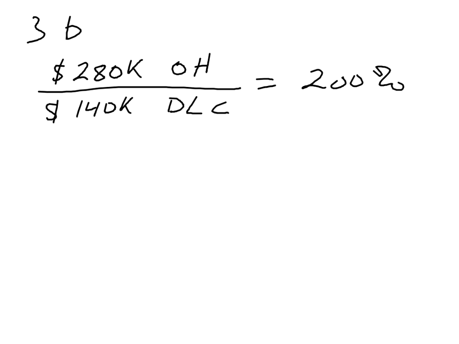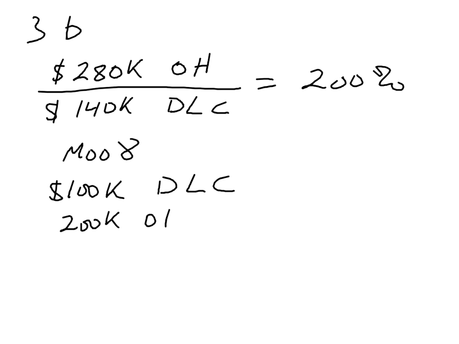So now we have to figure out how much we're going to allocate to M008. The facts show us that we had 100,000 of direct labor cost, and so if we multiply that by 200%, we're going to get 200,000 of overhead.